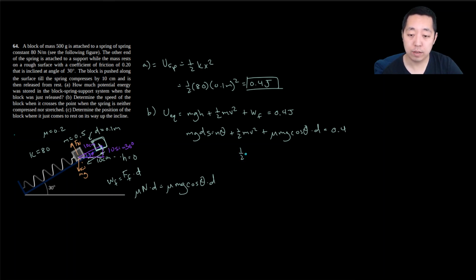So I'm going to have 1/2 mv squared is equal to 0.4 minus mg d sine theta minus mu mg d cosine theta, divide by m, multiply by 2, get rid of that, and then all of this divided by m, all of that times 2, and then square root of all of this.